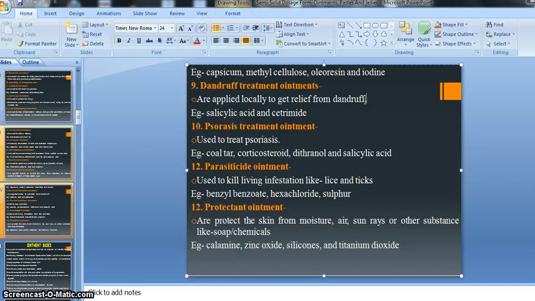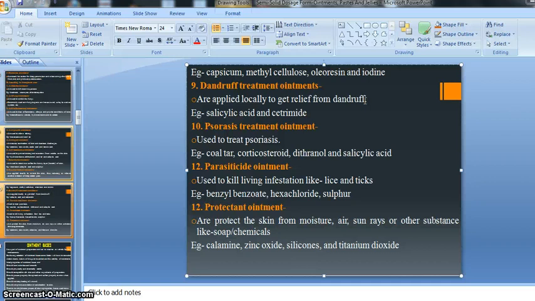To treat dandruff, or get relief from it, we use anti-dandruff preparations. There are anti-dandruff shampoos, and there is anti-dandruff ointment also, and these preparations are given in different ways.